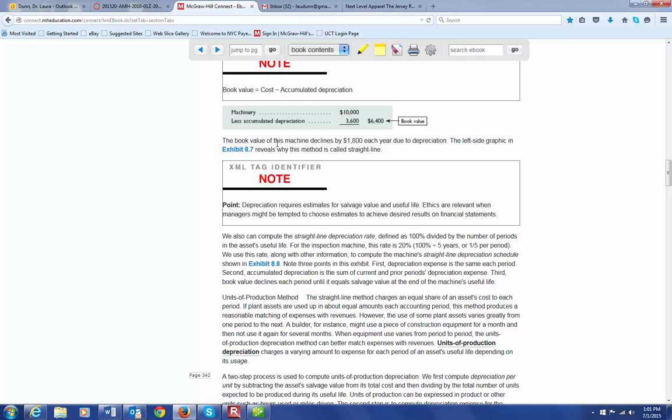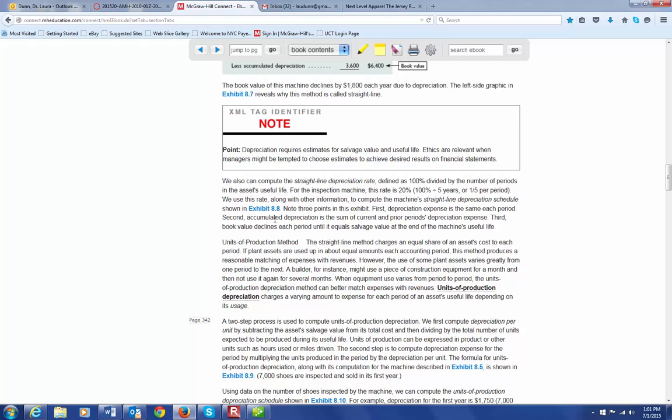The book value would decline in this example by $1,800 each year due to depreciation. So every year you're going to do the same entry: depreciation expense, accumulated depreciation. Alright, and this just kind of sums it up right here.